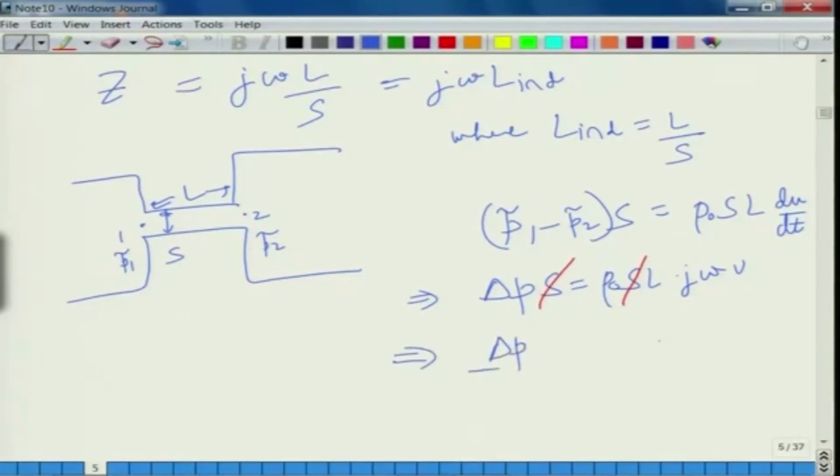delta p by u is rho naught L j omega. So, this is particle velocity.